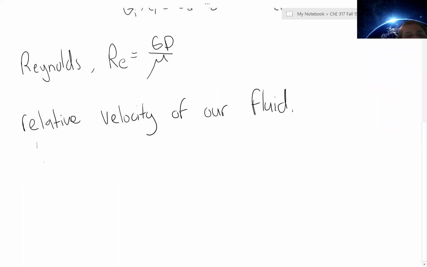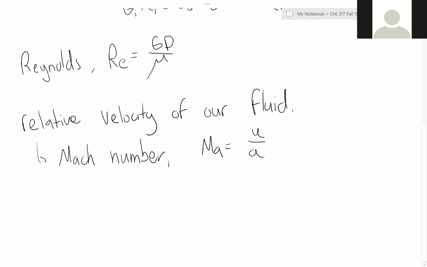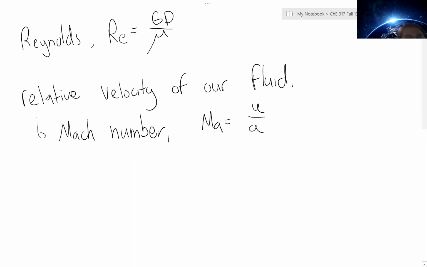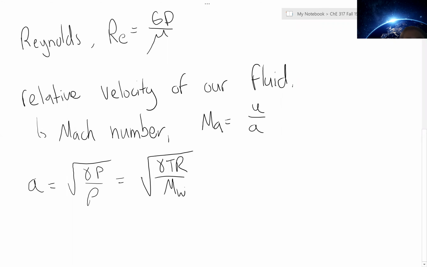Which means we have to consider our Mach number, where the Mach number is a ratio of the fluid's velocity relative to its speed of sound, which for any given fluid can be denoted by one of two expressions: gamma p over rho, or the square root of gamma T R over the molecular weight.